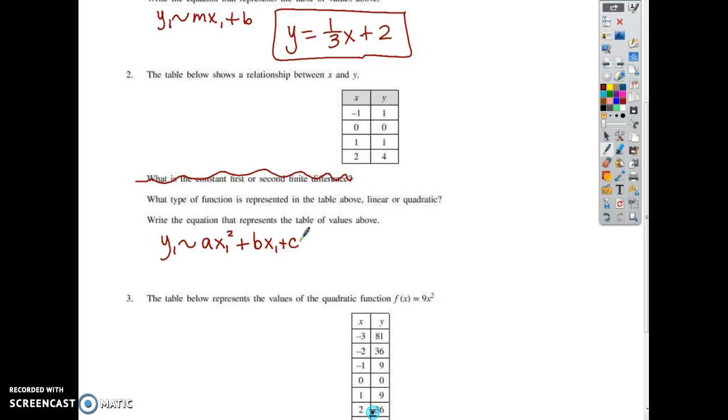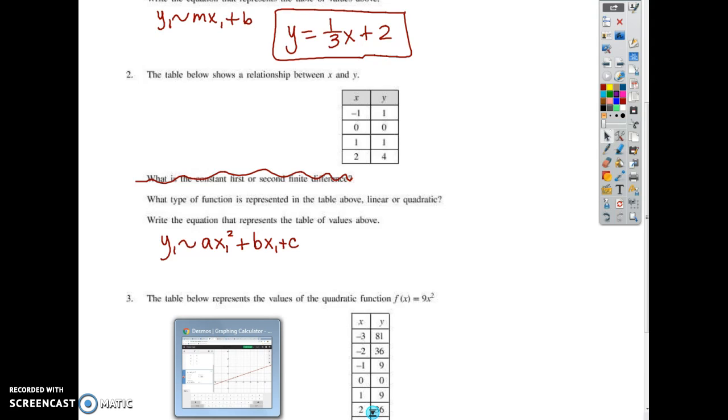Okay? So write that down. That's what we're going to do in decimals. y1 approximately ax1 squared plus bx1 plus c. So I'm going to put this in decimals, the table first. That's the quadratic equation.